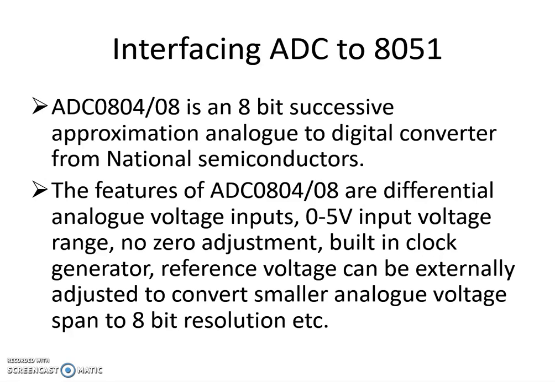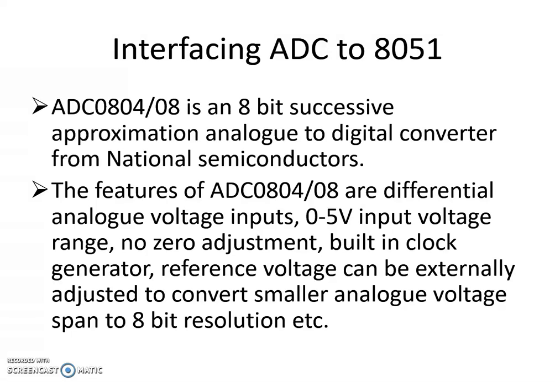For our application, we are going to use the ADC 0808. It is an 8-bit successive approximation analog to digital converter, which means that the bit resolution is going to be 8-bit.